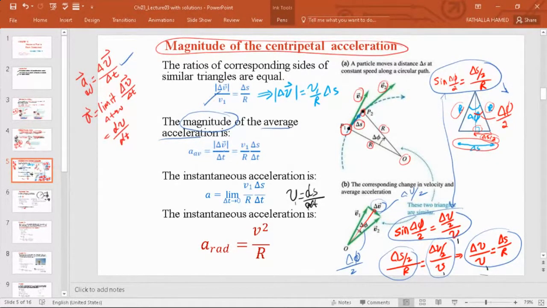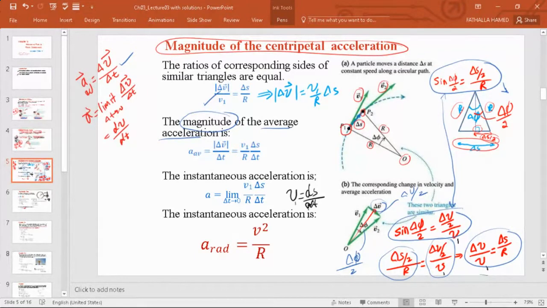And delta T here is a scalar quantity. T2 is going to be greater than T1, so it's a positive value. Now, delta V, as we obtained from the first equation, is equal to V1 delta S over R, but I have to divide by delta T. So I have V1 over R delta S over delta T. This is now my average acceleration.